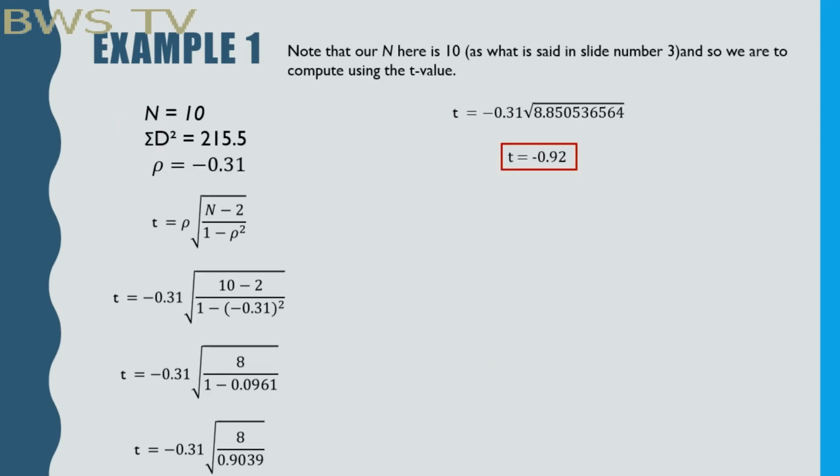Since our n here is 10, as said in slide number 3, if n is 10 or greater, testing the significance of rho can also be computed using the t-value, which has the formula of rho multiplied by the square root of n minus 2 over 1 minus rho squared. And so we are to compute using the t-value.